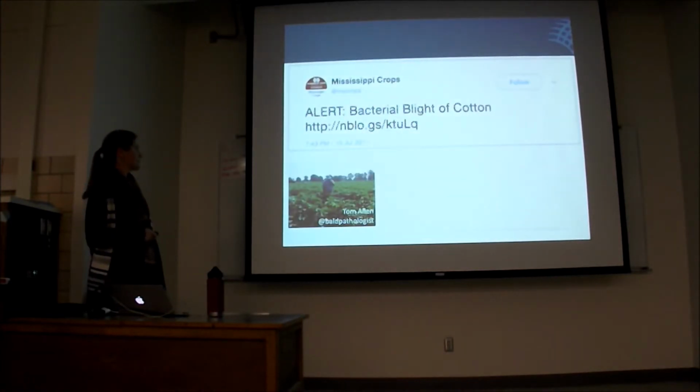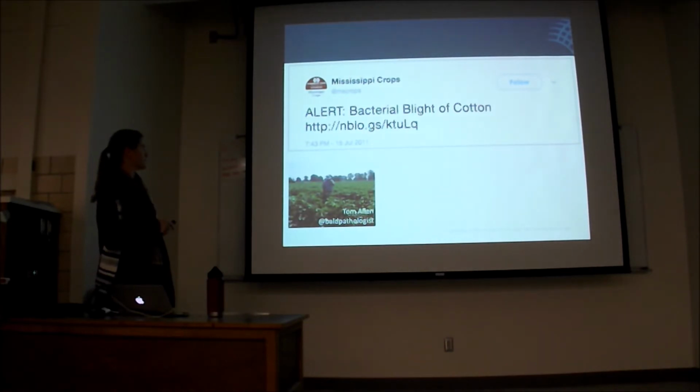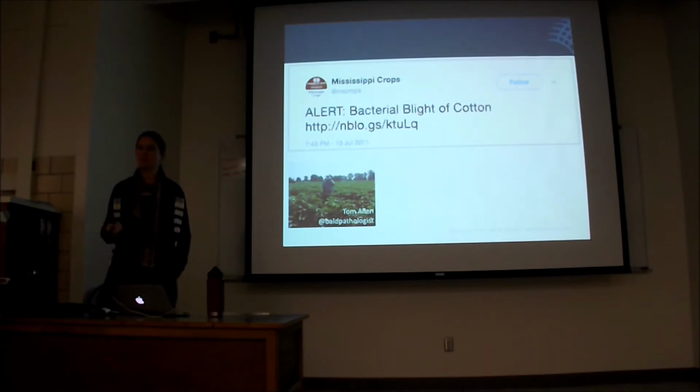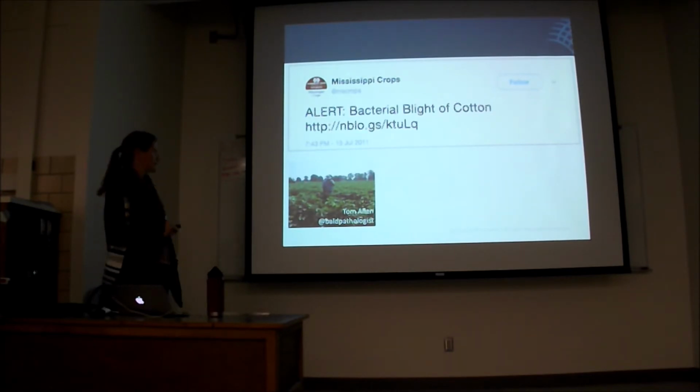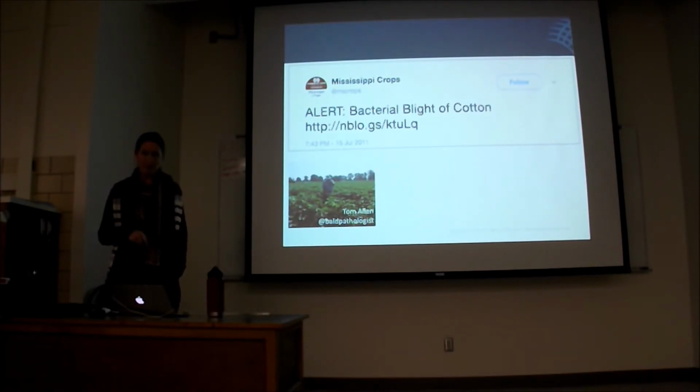I think it was 2013 or so that I first saw this on Twitter, one of the first posts that alerted me to this new emerging disease. This is Tom Allen, an extension specialist at Mississippi State University. He's a highly trained plant pathologist who was wandering around in a farmer's field and saw this disease that he had learned about in textbooks but had never seen with his own eyes.